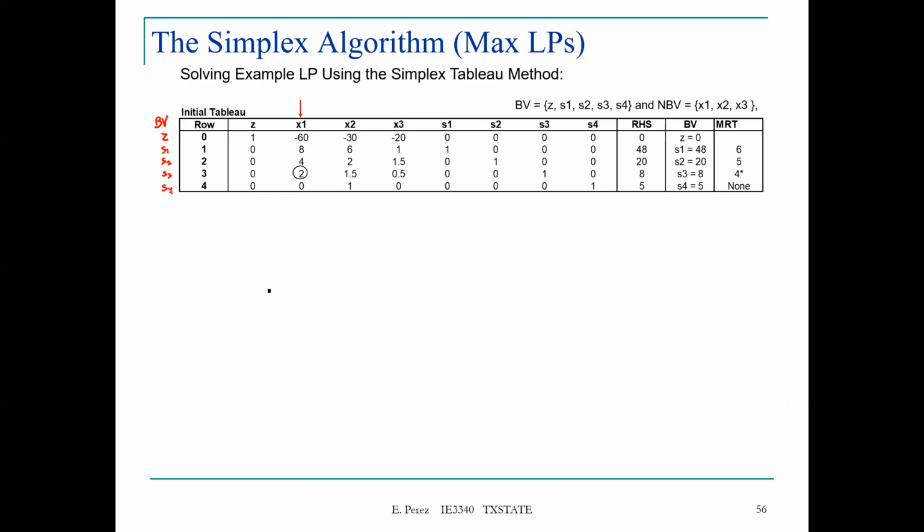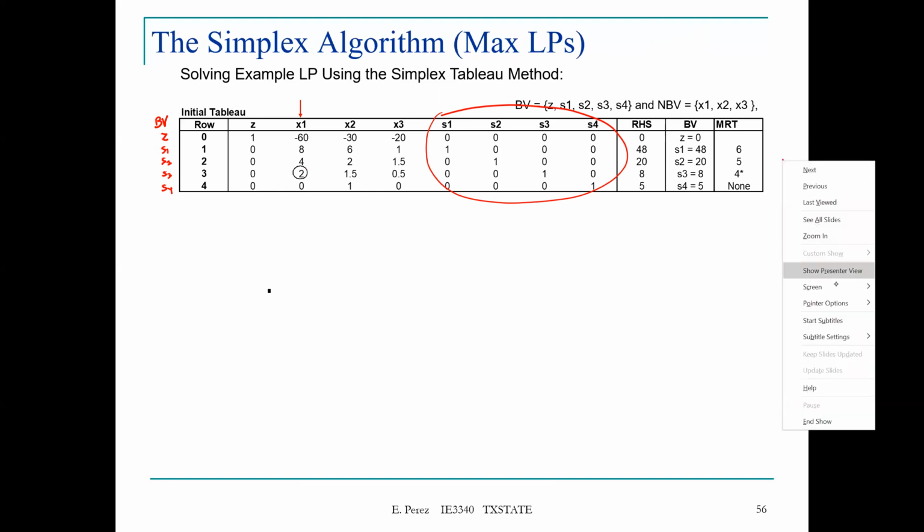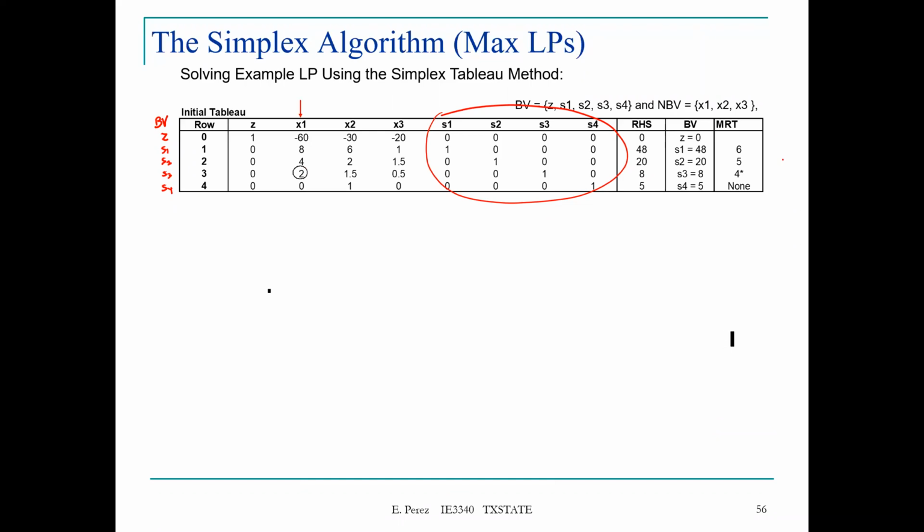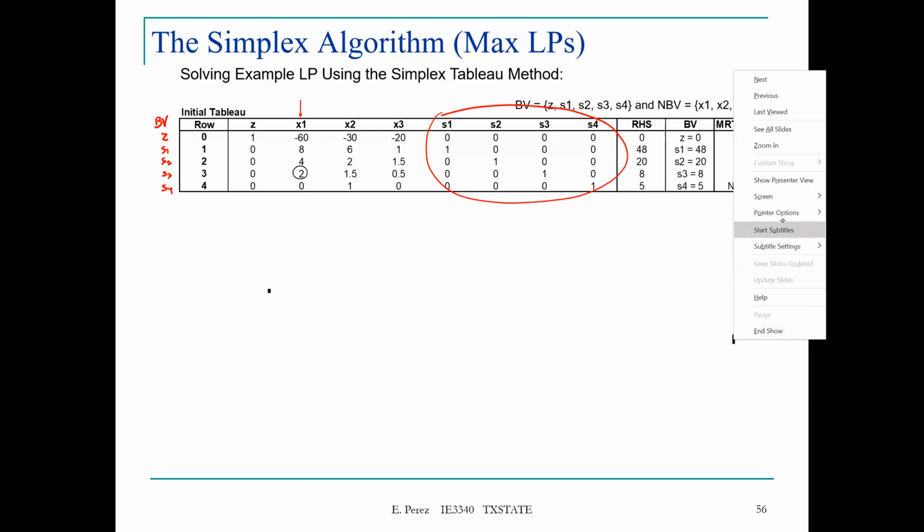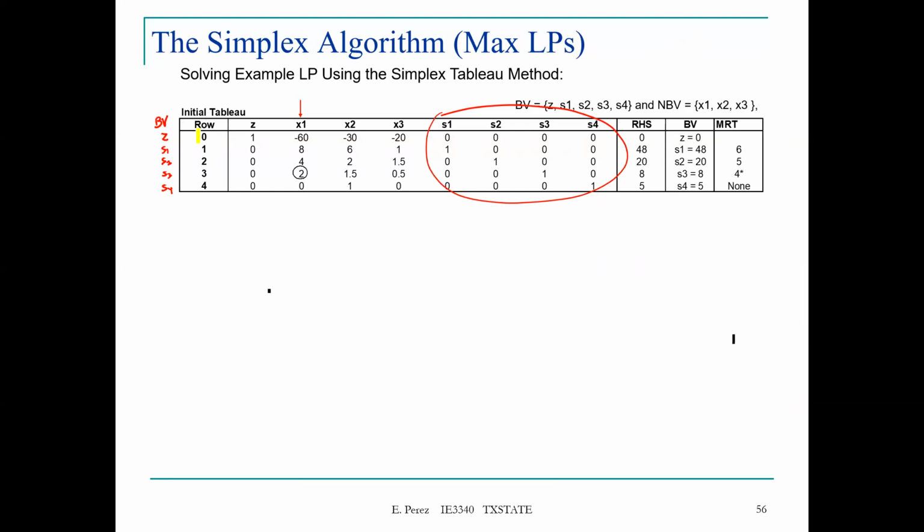So we look at this initial tableau. This is my initial solution right here. And from here, I can look at row 0 to see if there's a negative coefficient in row 0. So I look at row 0 here.